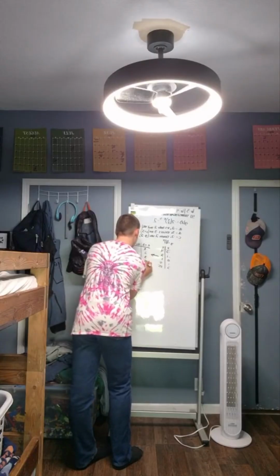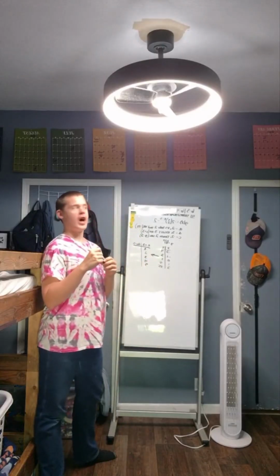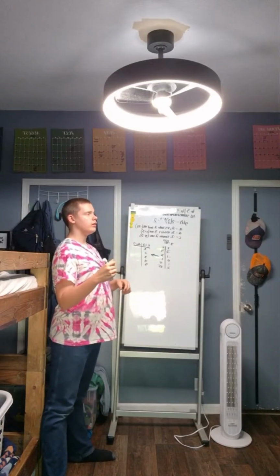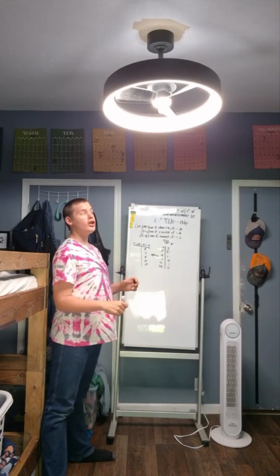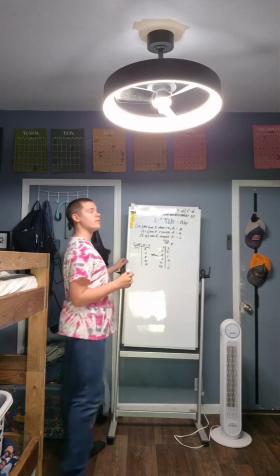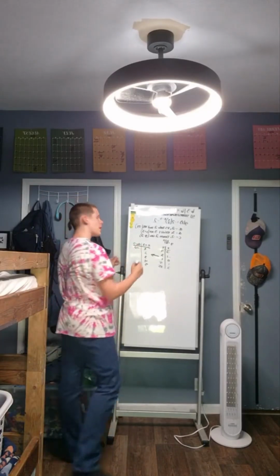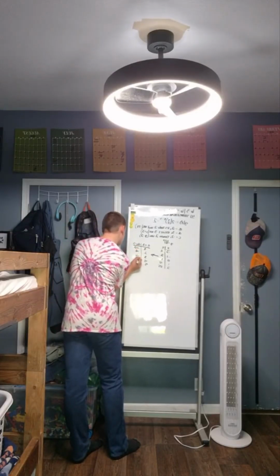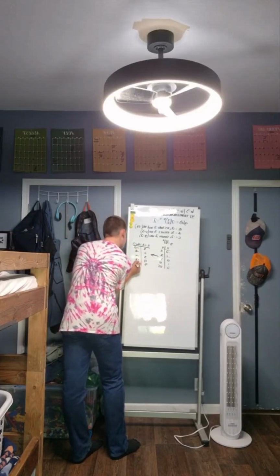Then 2 plus 3 is 5. So now, negative 2 times 4 is negative 8 minus 2. That would be negative 10. Then underneath would be negative 6, negative 4, negative 3, negative 2.5.